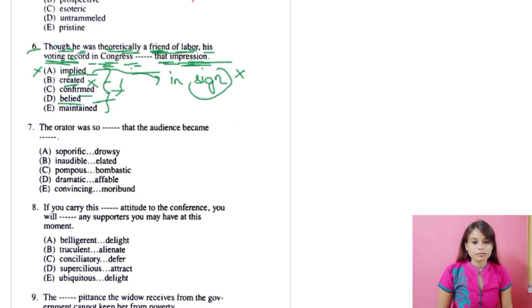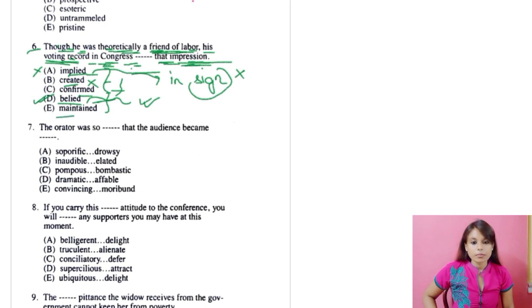Like normally he was a friend of Labour, like he used to do a lot of physical work or hard work. His voting record in Congress showed that it was not true, it was false. So we can say that this would go. It is creating a good meaning. So number D can go.